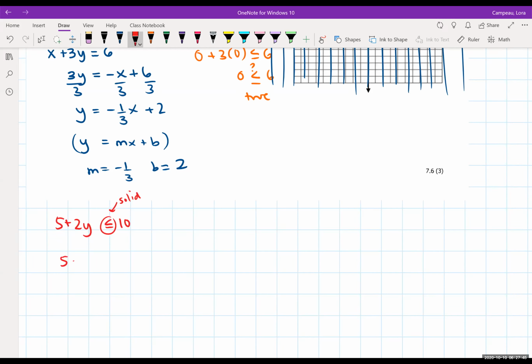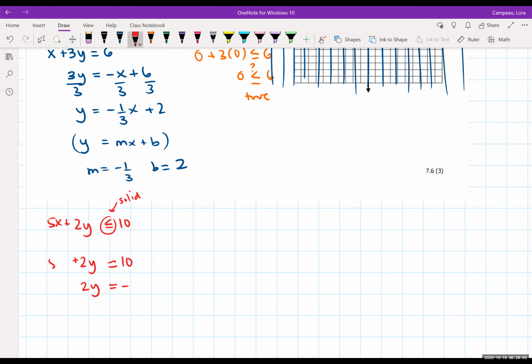If you want to rewrite it so it's easier to graph the boundary curve, I replace the inequality symbol with an equal sign. Solving for y, I subtract 5x from both sides. There's a 5x plus 2y, right? There we go.